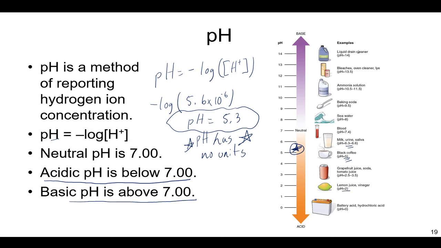You have other things like bleach and household cleaners, with a pH of 13 or a pH of 10. Baking soda is a base, with a pH of 9.5. Salt water has a pH of 8, so that's slightly basic. These other things would be very basic. Milk is slightly acidic.